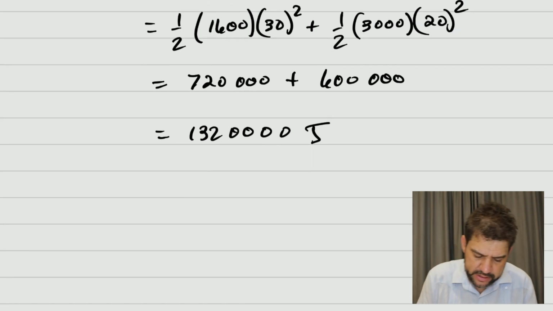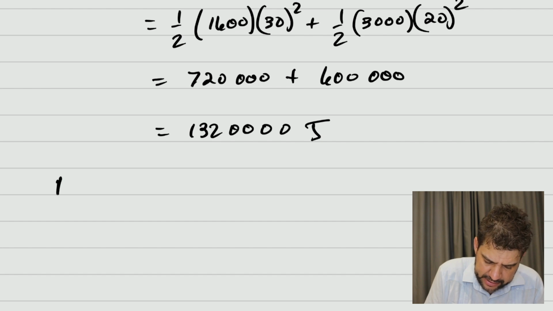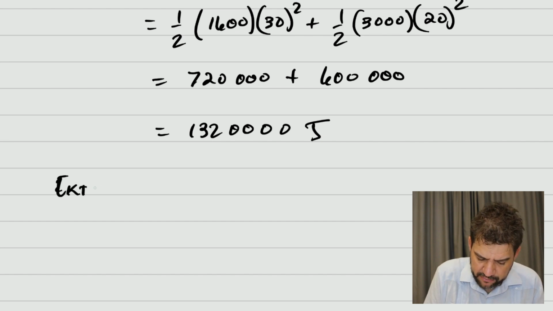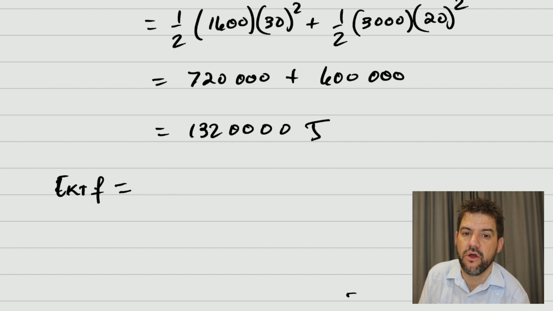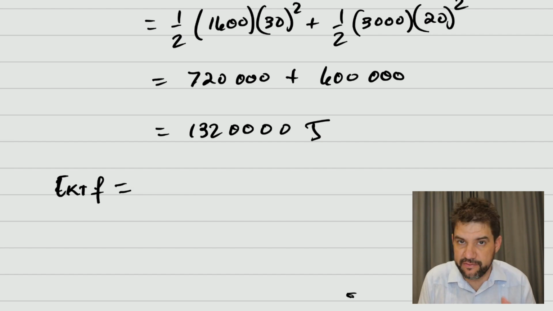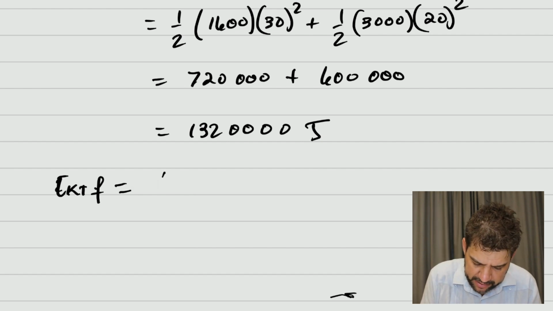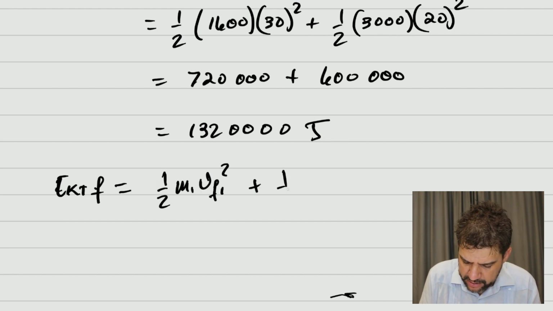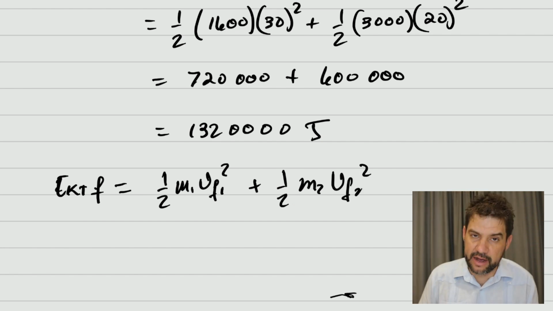So now we do the same for the total kinetic energy final. This one is equal to the addition of the kinetic energy final of both of them. So it's half m1 vf1 squared plus half m2 vf2 squared. And then, guys, we substitute.